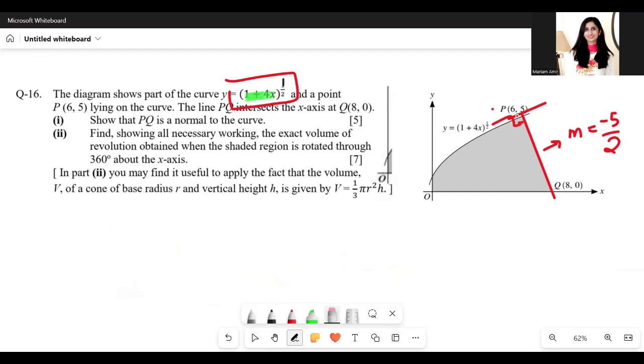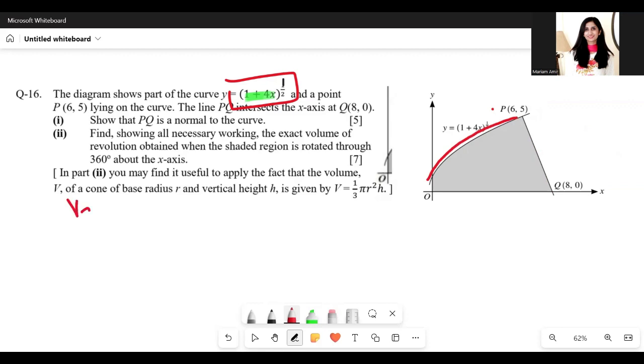Now, showing all necessary working, find the exact volume of revolution obtained when the shaded region is rotated 360 degrees about the x-axis. First, let's rotate this curve 360 degrees about the x-axis.